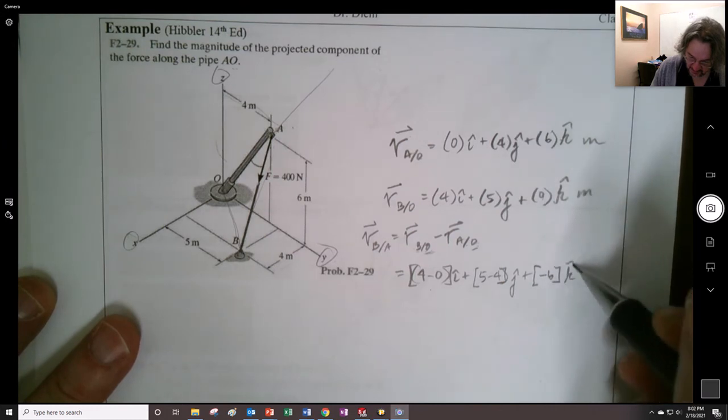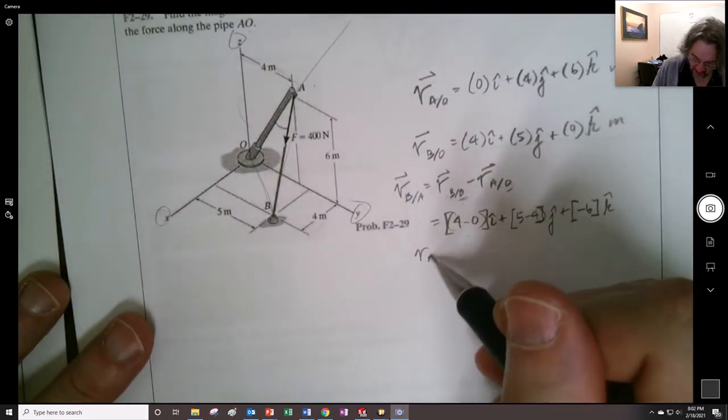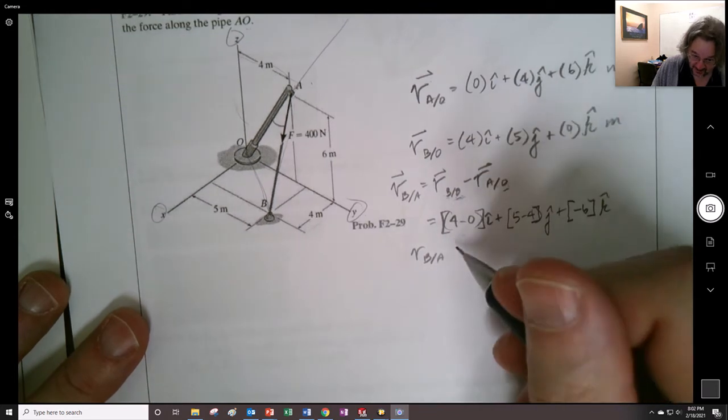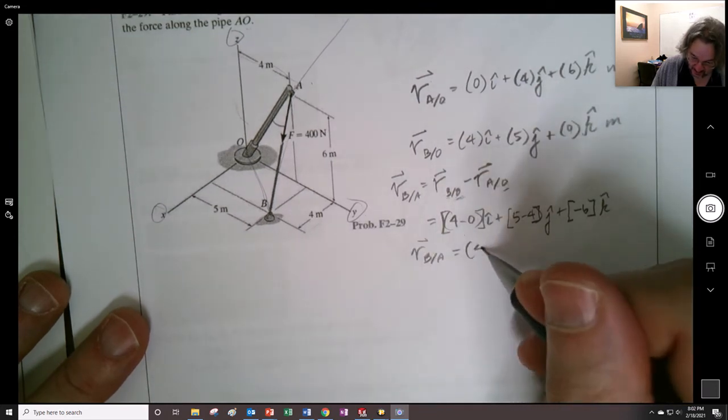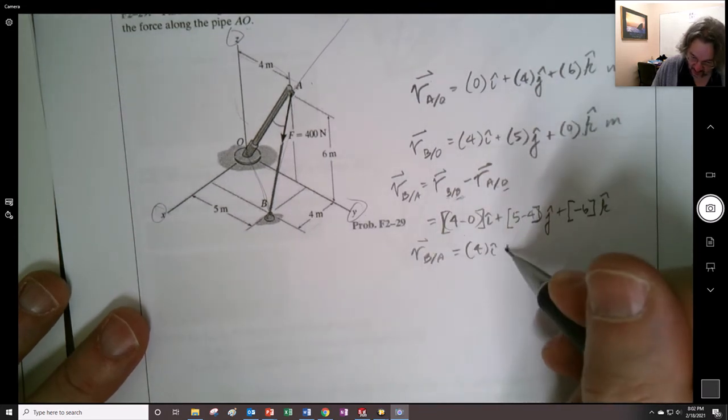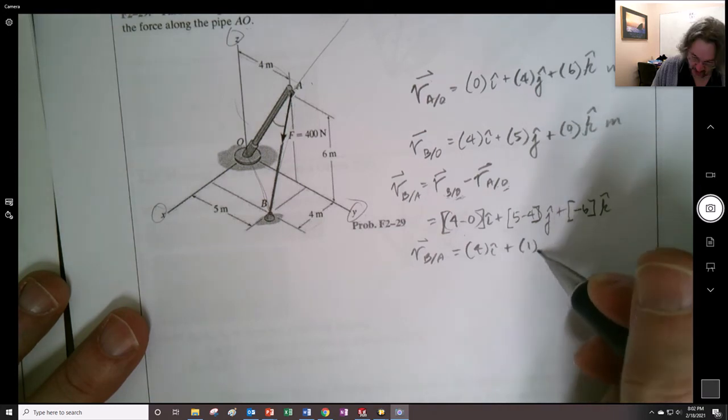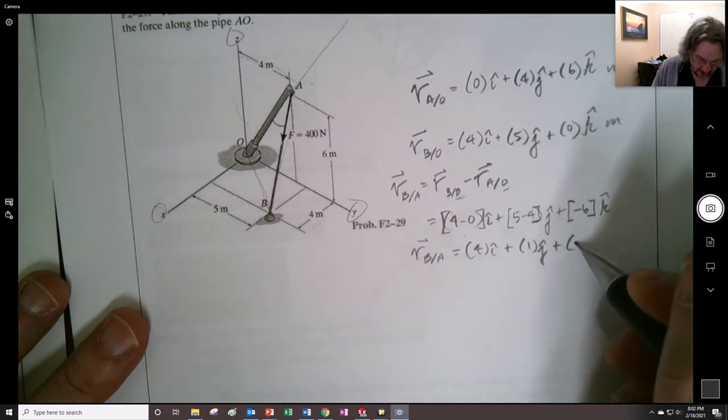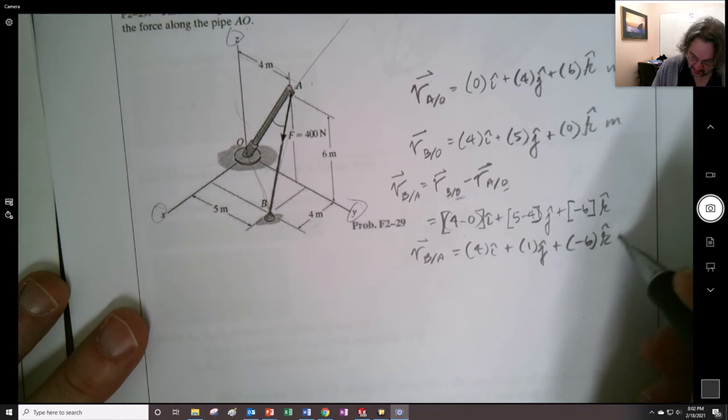So my r of B with respect to A is going to be 4i plus 1j plus minus 6k meters.